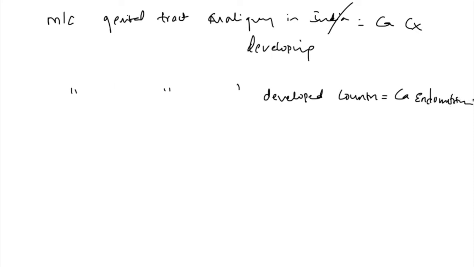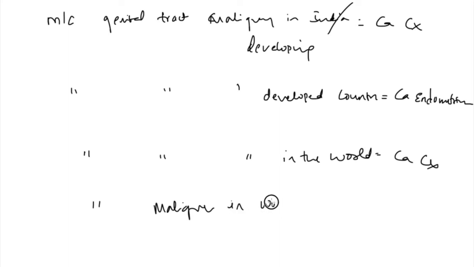That's the importance. And if they say most common genital tract malignancy in the world, then it is again CA cervix. And if they ask which is the most common malignancy in females or women, the answer is CA breast. So these are some most commons that need to be remembered.